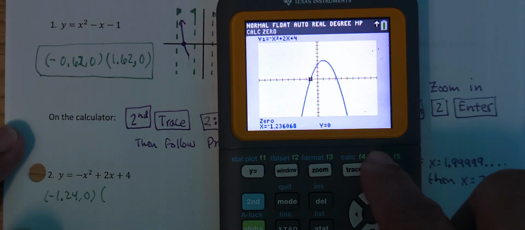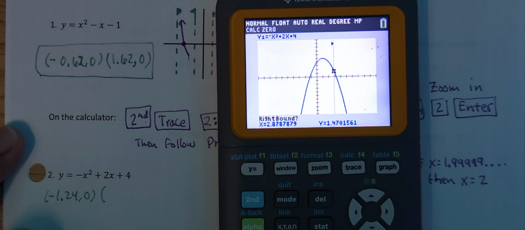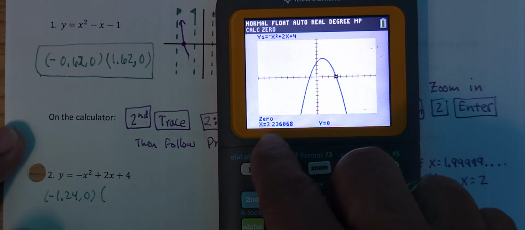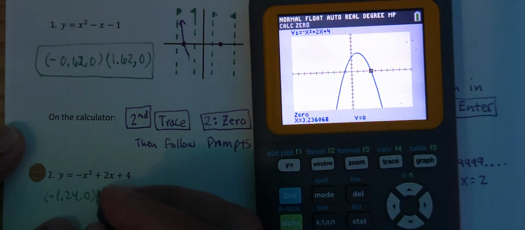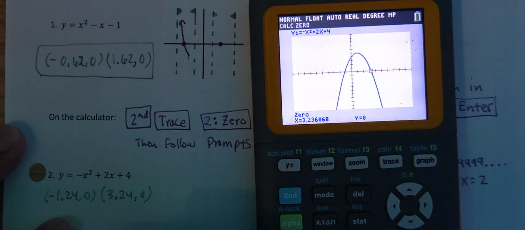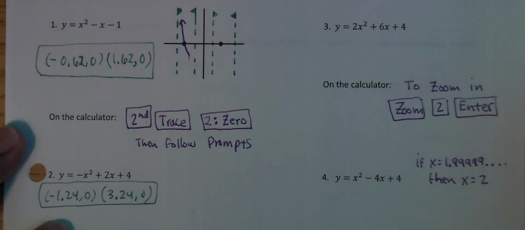Second trace 2, and now let's get to the other intersection with the x-axis. Before it crosses the x-axis, then after it crosses the x-axis, press enter, and it gives me 3.236. So I'm going to round that to 3.24. So 3.24 comma 0, and there we have the two solutions for this quadratic.